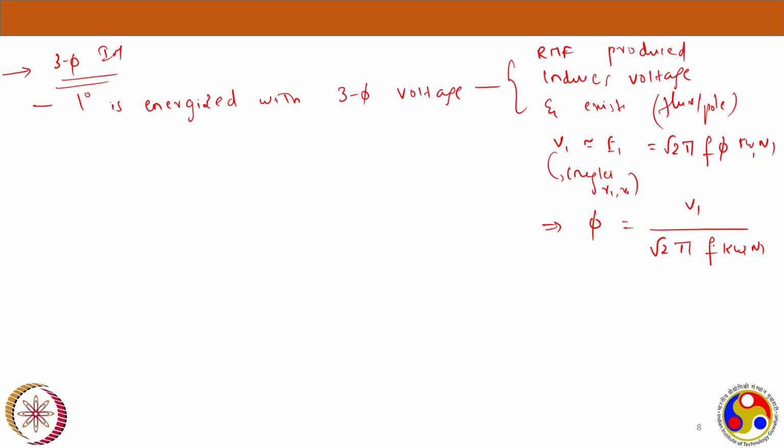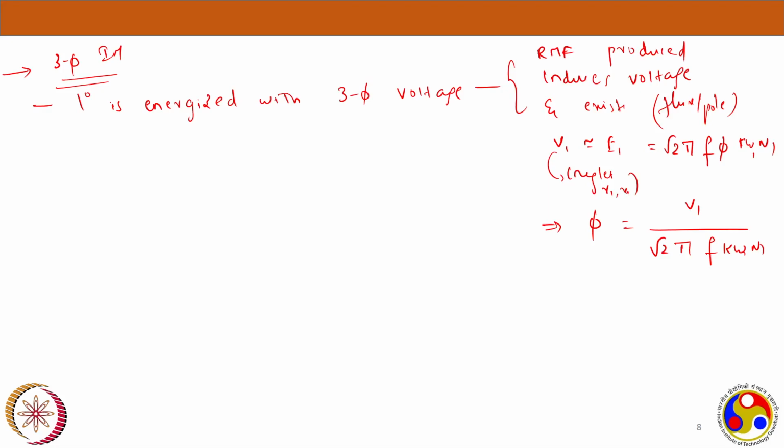Now whether the secondary is open circuited or connected to something, or anything happens on the secondary, this flux per pole should always remain constant. This flux is required to magnetize the core.